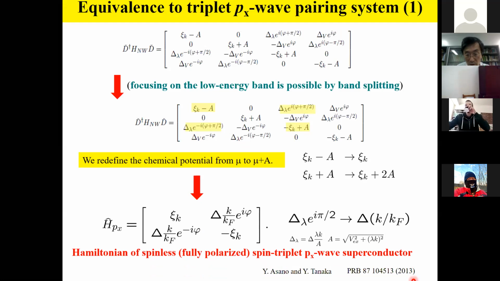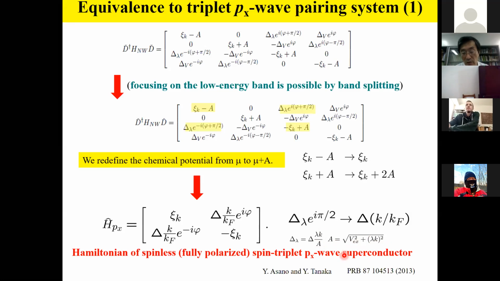Strictly speaking, A is given by this quantity. If we focus only on very small k, then A is almost constant. Strictly speaking, it is not a P wave, but as far as we are focusing on very low k, it can be regarded as an effective spin triplet p_x wave superconductor.